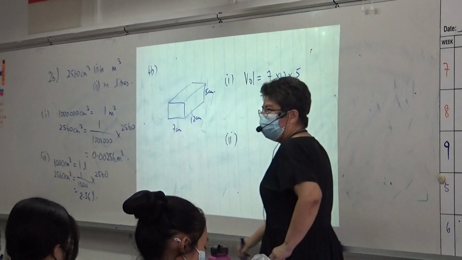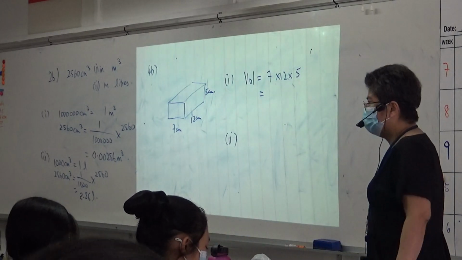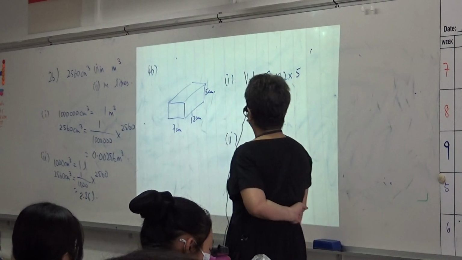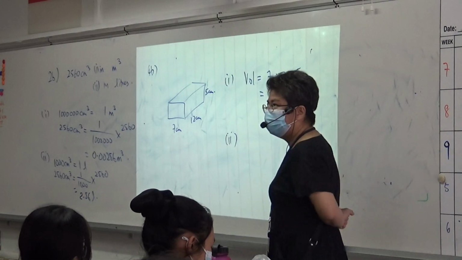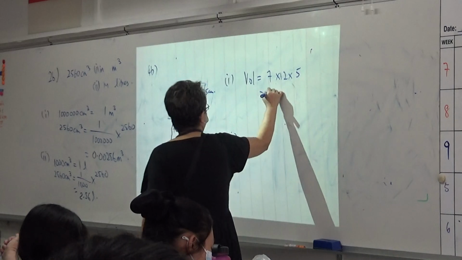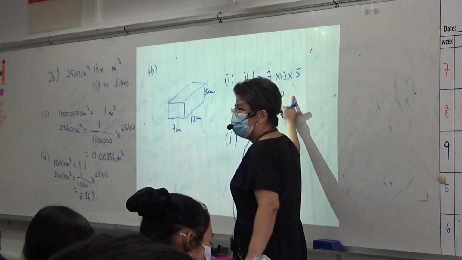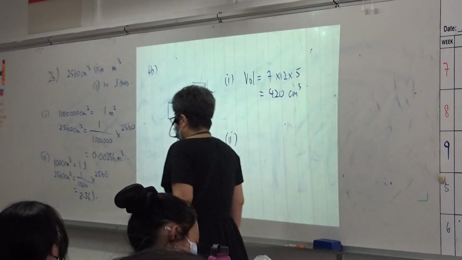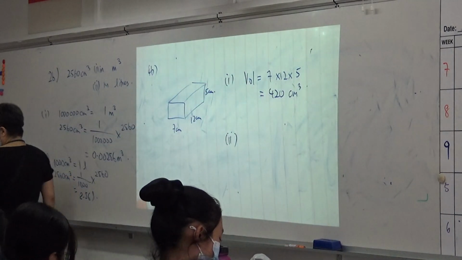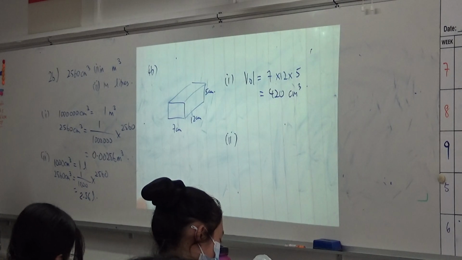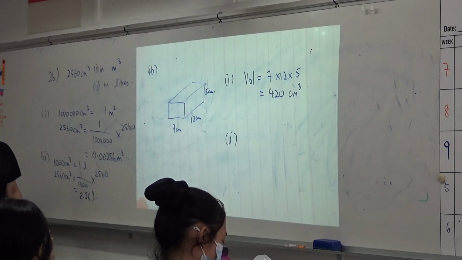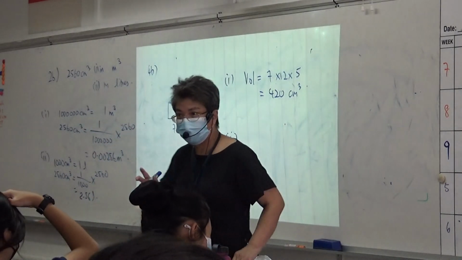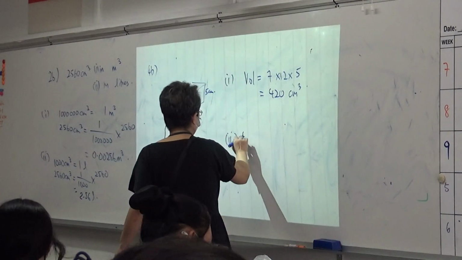Use your calculator straight away. 4201. What's the units? Cm cube. Good. Now I'm not done with the question yet. What's the second part? Total surface area. I told you, they didn't say anything, that means it's a closed one. Okay? So you write down.